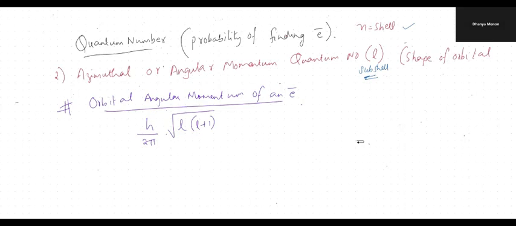Coming to a question number 1. You have to find the orbital angular momentum of electron in 3p subshell maybe. So you have to find the values, the n value.